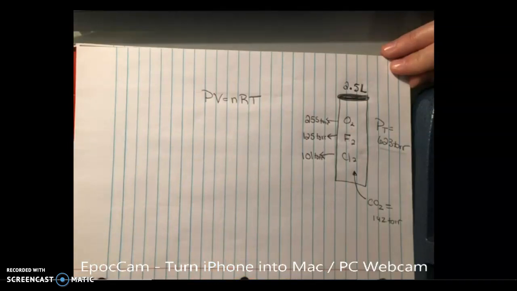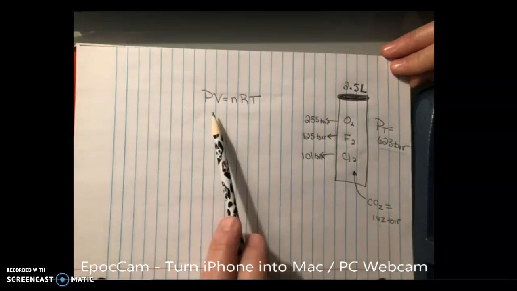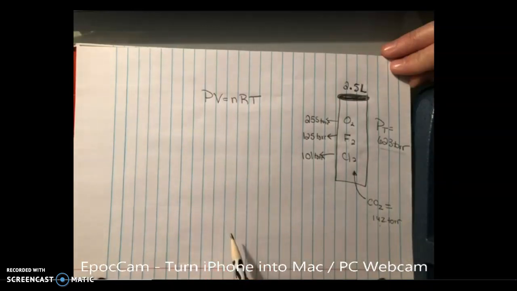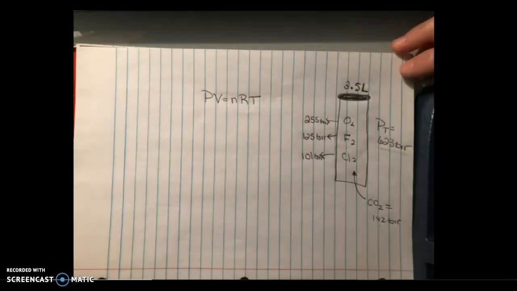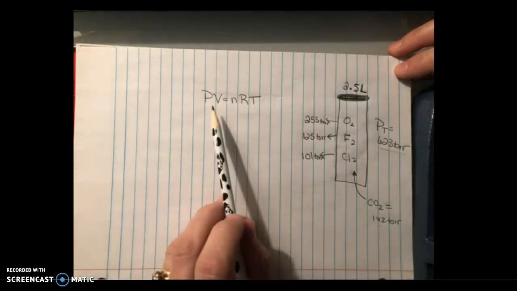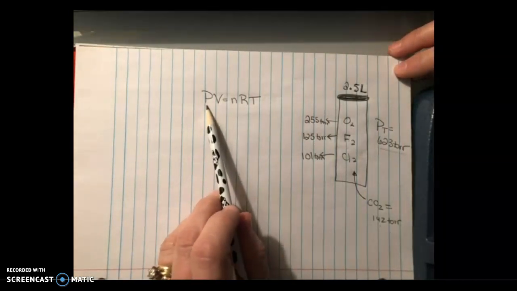The problem is, I could do this a couple of different ways. Now that I know the pressure that the carbon dioxide is exerting, then I can use that number and apply it to this equation. But the important thing to catch here is that if I use the wrong pressure value, I'm going to get the wrong answer.